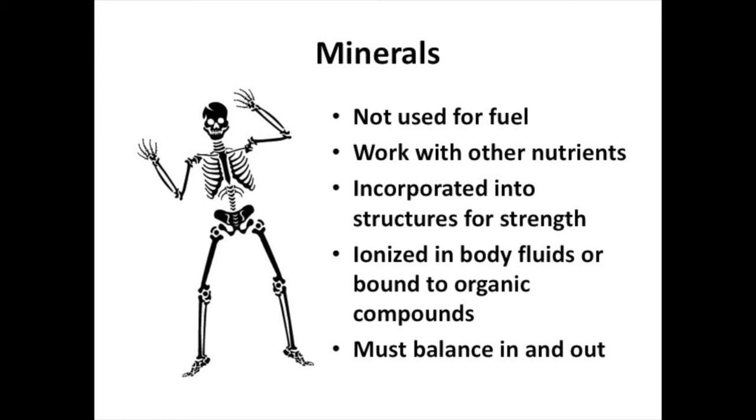Our body is working really hard, and if we take in a lot of one of these things, it will try and excrete some to keep the balance. If we're not bringing in as much, it will try and hold on to some in order to maintain that balance. We're going to see a lot of this when we get to the chapter on the kidneys, when we're talking about how our body deals with sodium in particular.